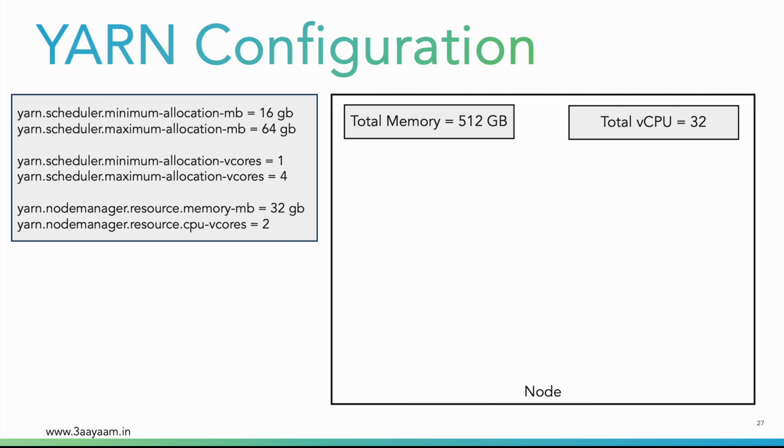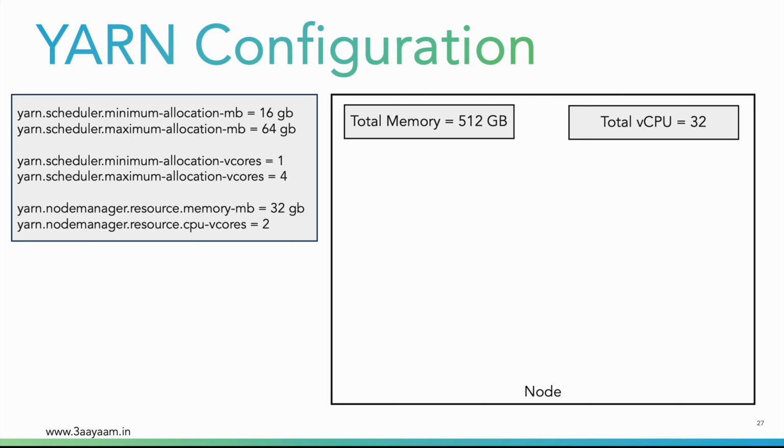Scheduler minimum allocation MB is 16 GB. Maximum allocation MB is 64 GB. Minimum allocation vcores is 1 and the maximum allocation vcores is 4. And we have this node manager configuration wherein the resource memory MB is 32 GB and resource CPU vcores is 2. Meaning each container would contain 2 vCPUs and 32 GB of RAM.